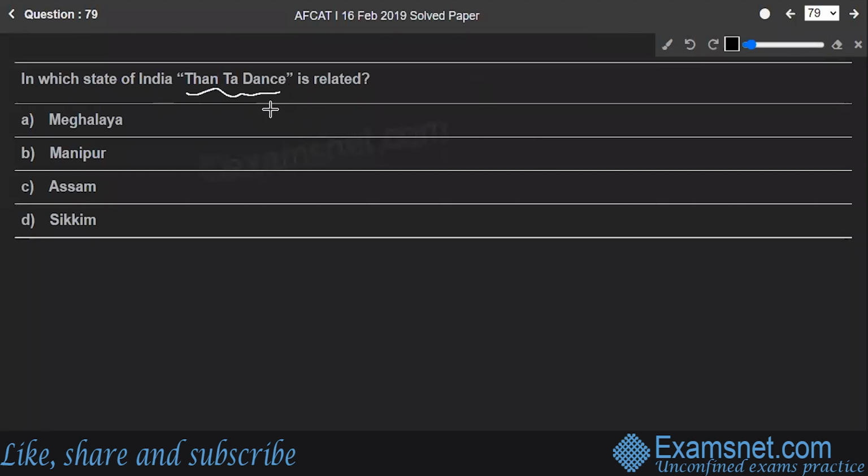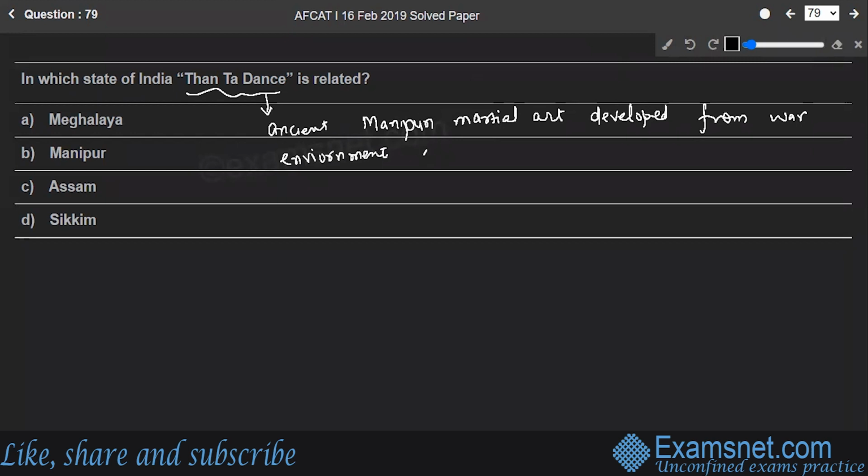Well, Thanta dance is an ancient Manipuri martial art developed from the war environment of Manipur and created by the Meiteis.